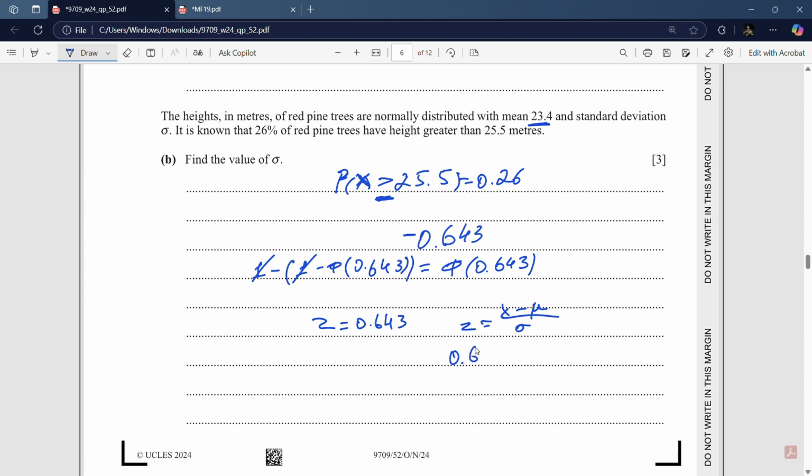So 0.643 equals 25.5 minus the mean 23.4 over standard deviation. So if we calculate it, it will give us 3.27 in 3 SF.